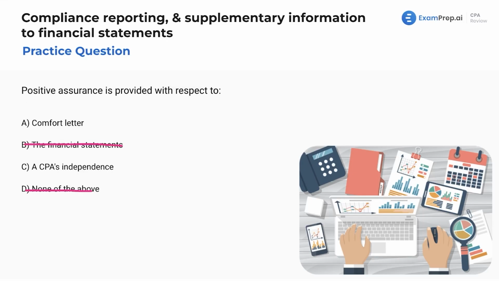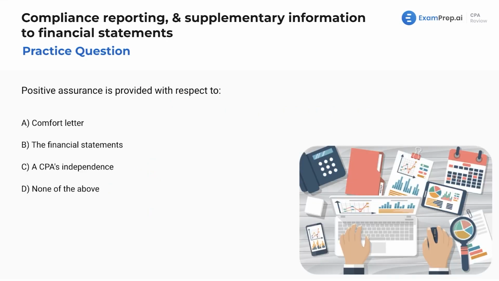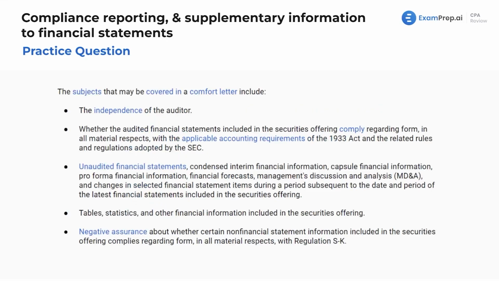Now, I do have some resources for you, and let's take a look at those. So, comfort letters, right, provided from a CPA to an underwriter, restricted use. Now, there's positive assurance on the CPA's independence and compliance on form of financial statements if they are audited, right? So, we're looking back here. What has positive assurance? However, there's negative assurance on those unaudited financial statements or pro forma financial statements, right?